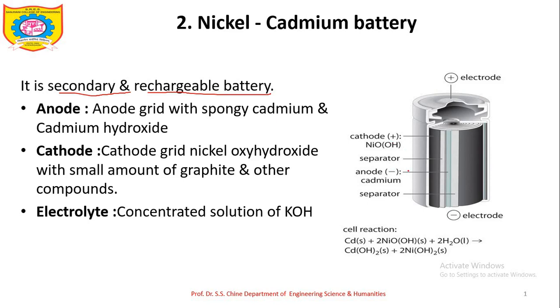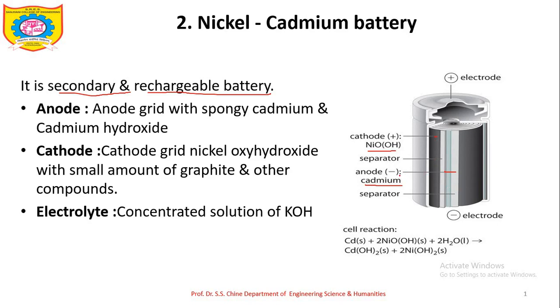Now, the anode used in this is anode grid with a spongy cadmium and cadmium hydroxide. So, what is used as an anode? That is cadmium. Then, cathode used is nickel oxyhydroxide. So, in this diagram, you can see here is the anode and another one, nickel oxyhydroxide, is a cathode.